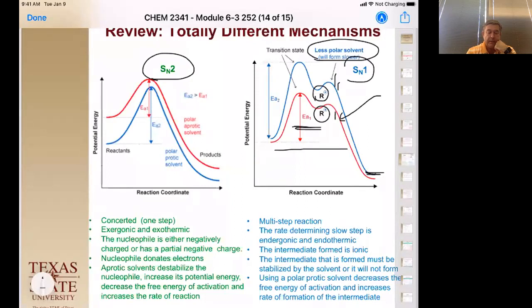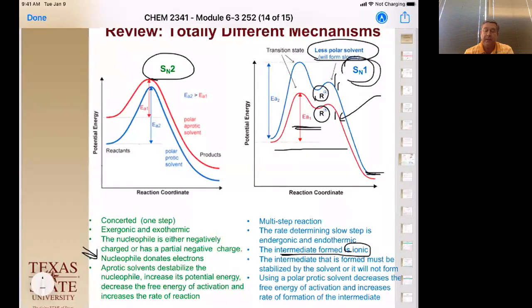And in this one, the nucleophile is donating its electrons. Remember, it's a Lewis base, so we're donating our electrons to start forming the bond while we're losing electrons with the leaving group. In the case of the SN1 reaction, we actually form an ionic intermediate, and therefore the electrons coming in from the nucleophile can either be a lone pair or a charge.